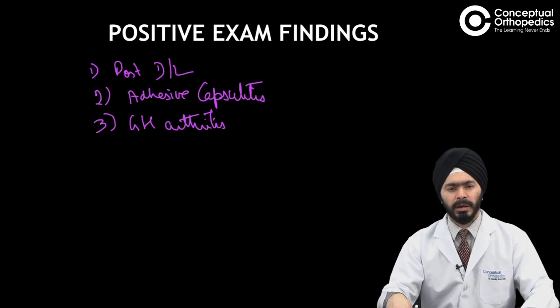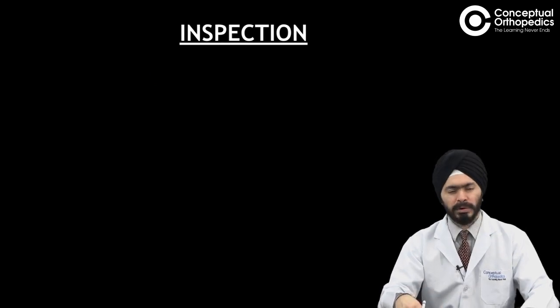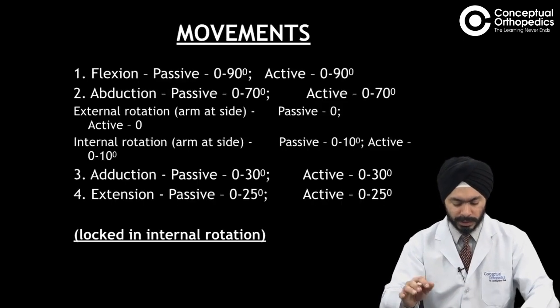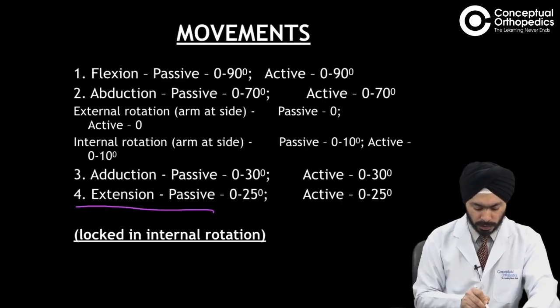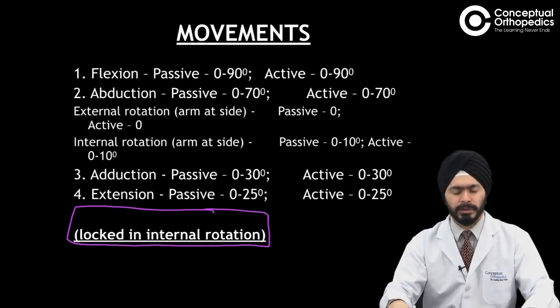So if you are asked to spell out your positive examination findings, you talk about this, not much on inspection. Again, on palpation, if there is some tenderness, you can spell it out. Main finding is, as I told, locked in internal rotation or complete loss of external rotation.